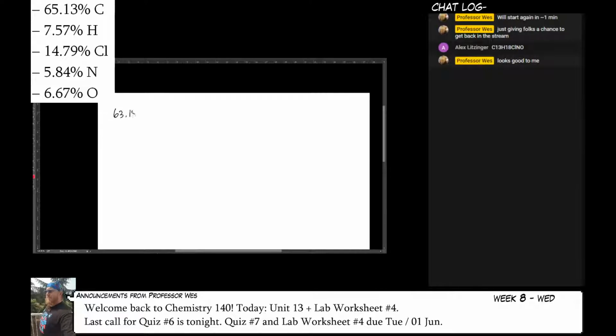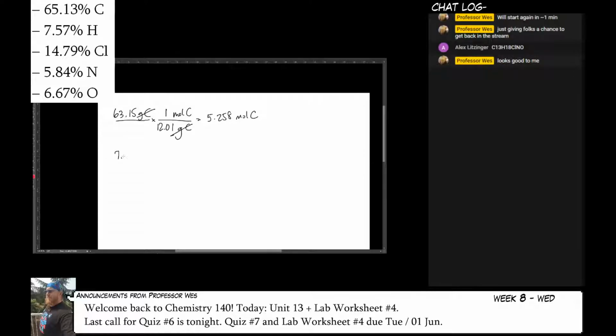So I'm going to assume a 100-gram sample, and we'll just do these one at a time here. So 1 mole of carbon, 12.01 grams, right off the periodic table for that. 0.15 over 12.01. And I get 5.258 moles of carbon.